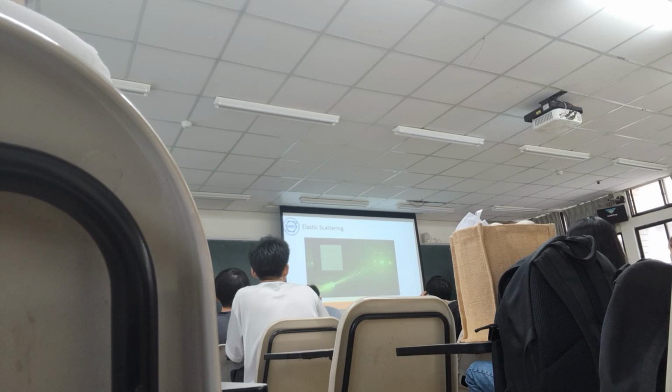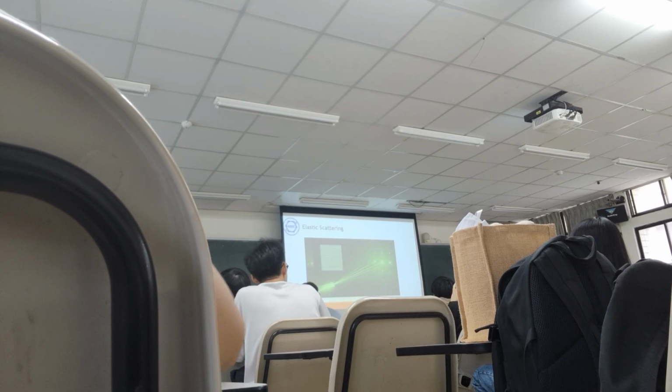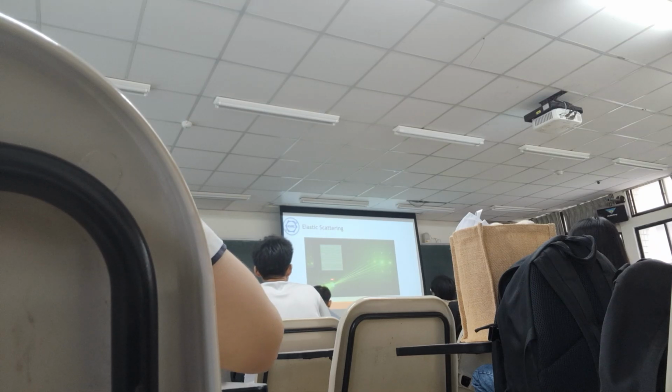So we start from elastic scattering. What is elastic scattering? It is like the scattering of light we have in daylight: when light hits our sample, we get a different scattering pattern.